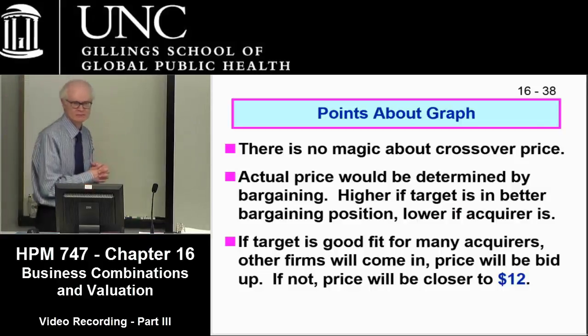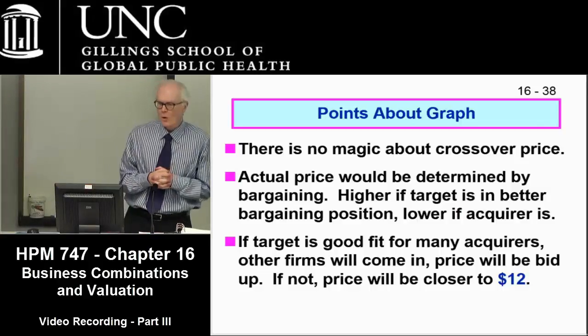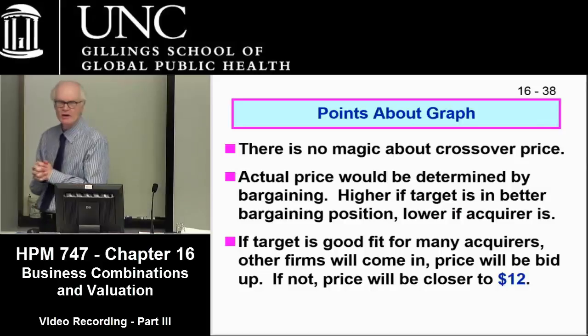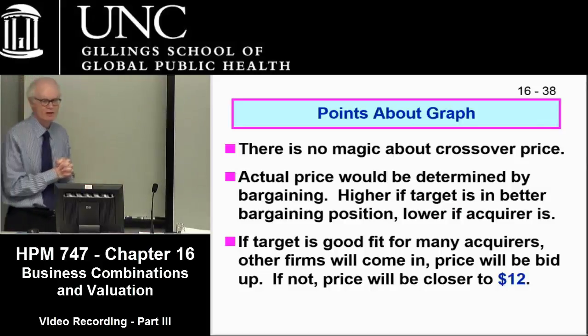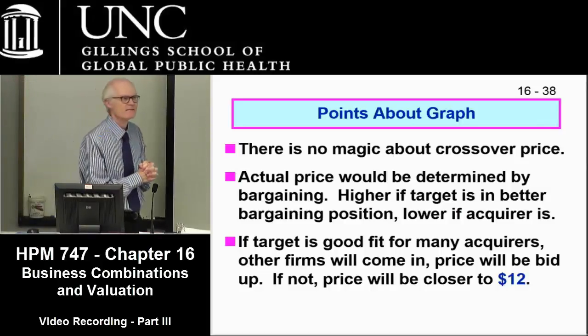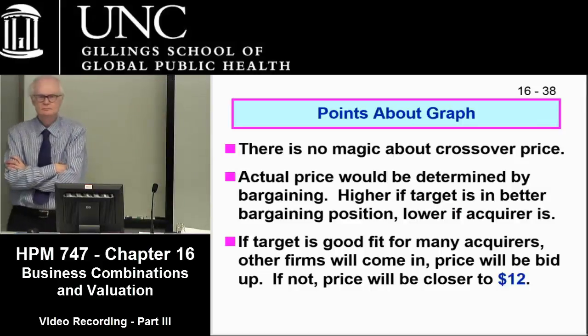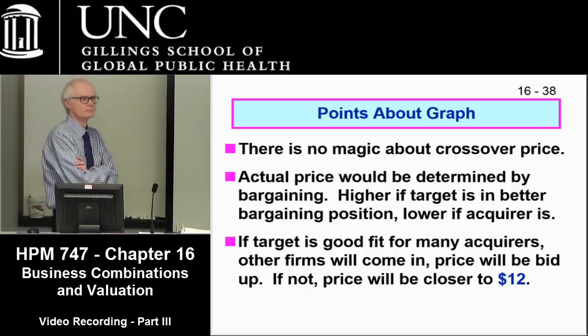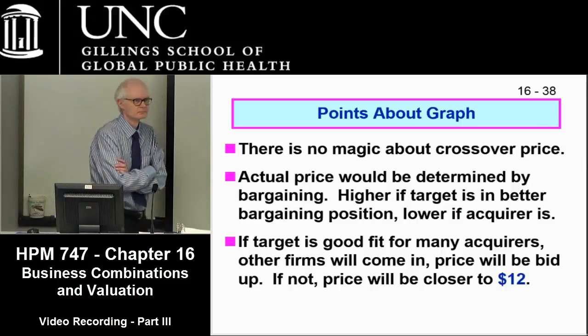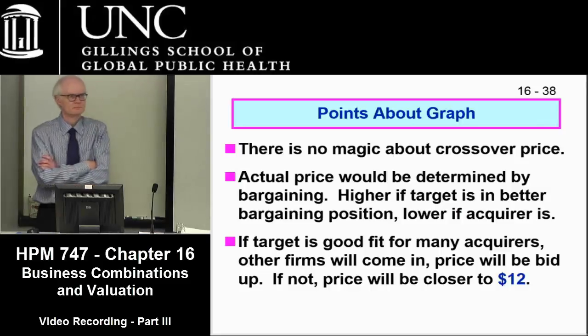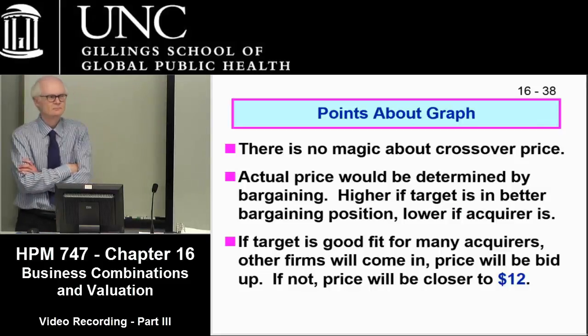What does that mean? Why might a target be in a good bargaining position? Why might it not be? A target might be in a good bargaining position if their operations and their management are pretty strong, but they might be in a bad position if they're really on the verge of closing their doors and they don't necessarily have management with experience.